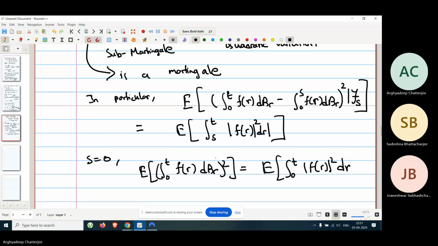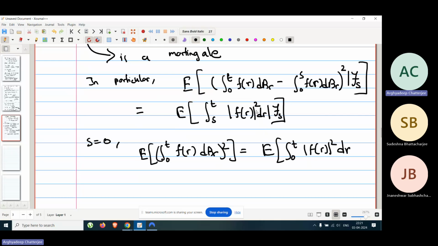What I was saying was that when we are calculating the conditional expectation of the square of a martingale, we usually only have to check the increasing process, because the martingale has constant expectation.